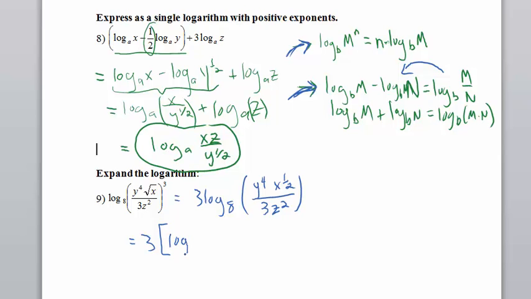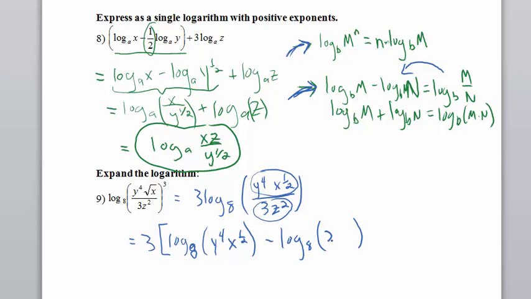Log base 8 of the numerator, y to the 4th x to the 1/2, minus log base 8 of the denominator, 3z squared. Okay.